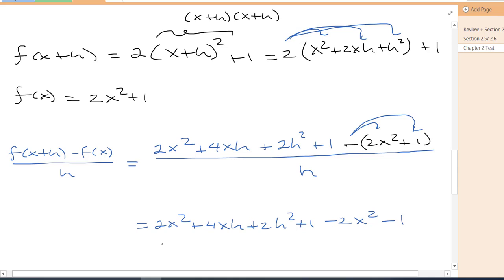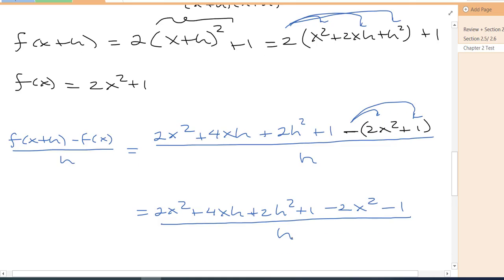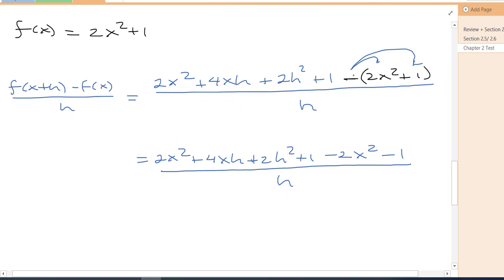I like to make use of parentheses because, especially when there's a negative and a quantity following, this is a very likely place to make mistakes. People will just put minus 2x squared plus 1 without the parentheses and then forget that the negative needs to be distributed to the plus 1 as well.